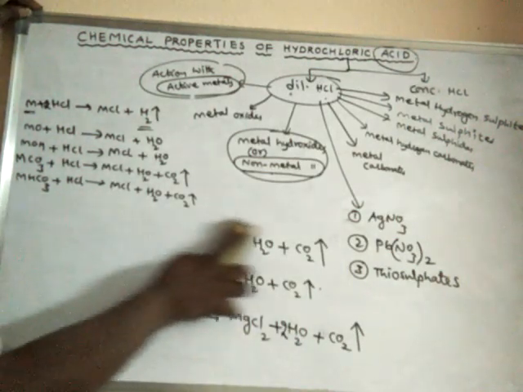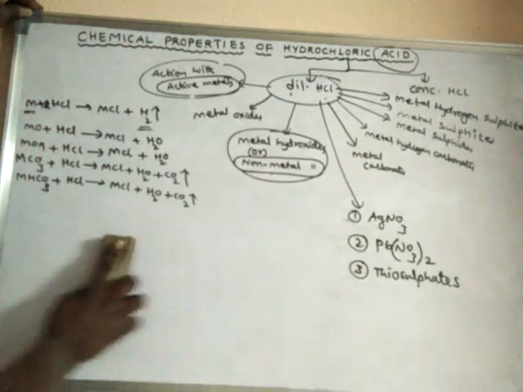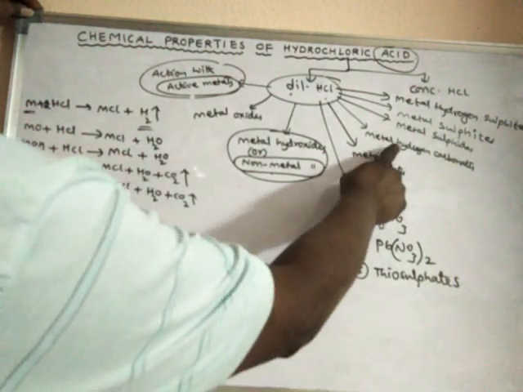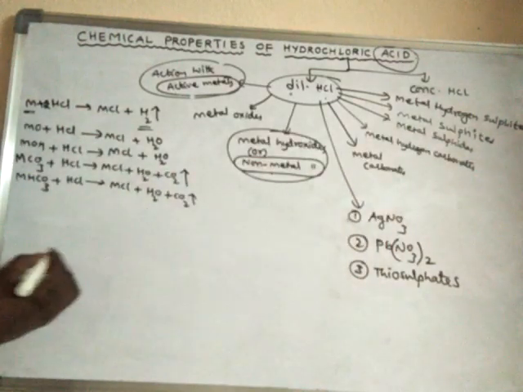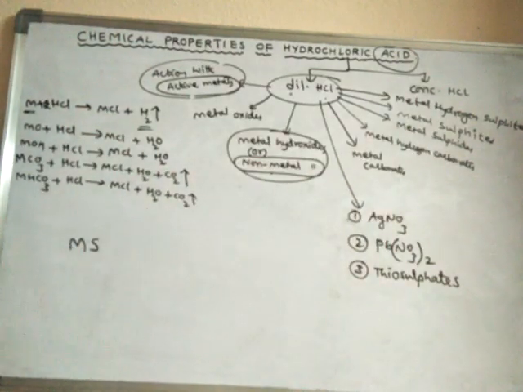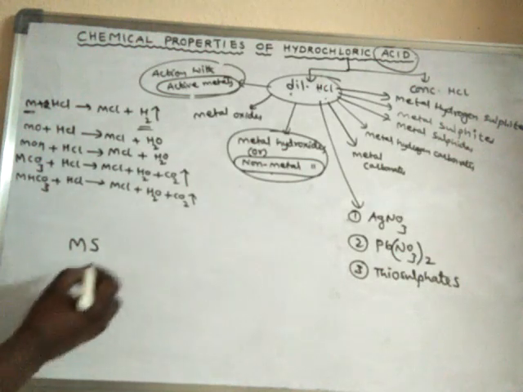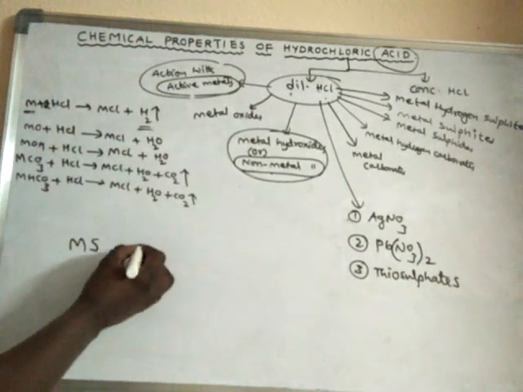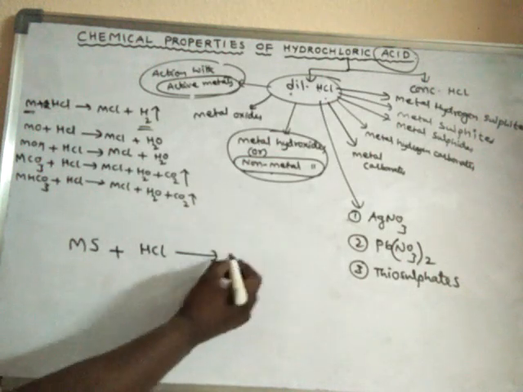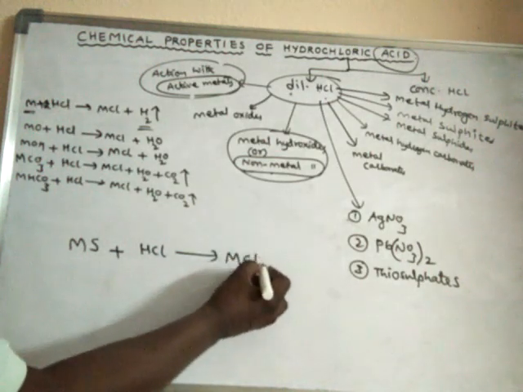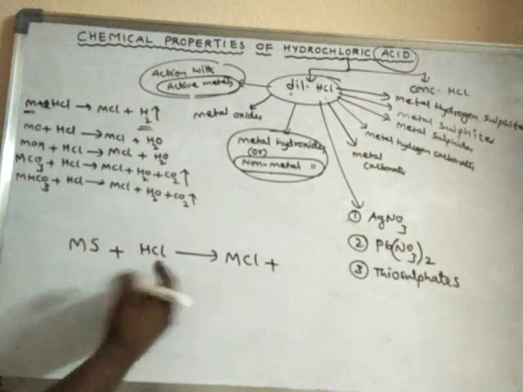Right, next one, metal sulfides. When metal sulfide reacts with dilute hydrochloric acid, here also it forms metal chloride and what?